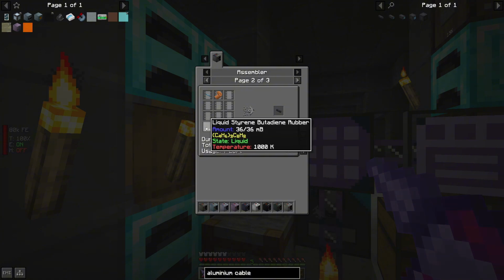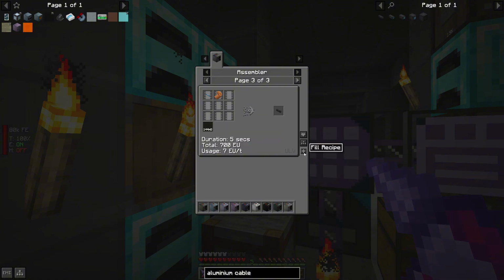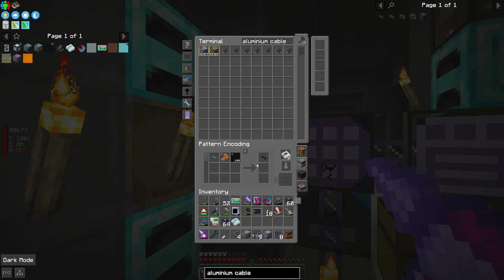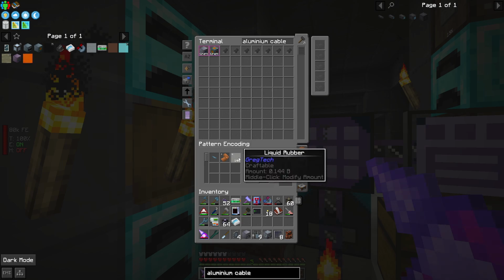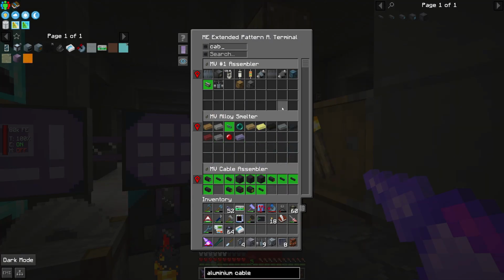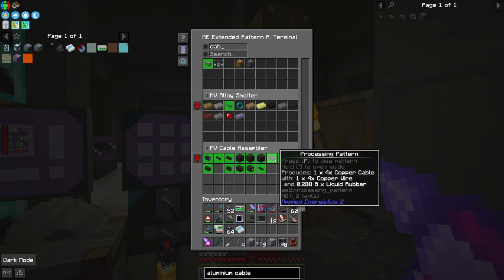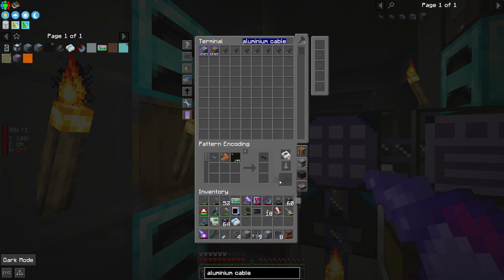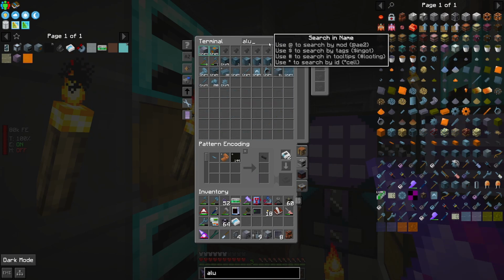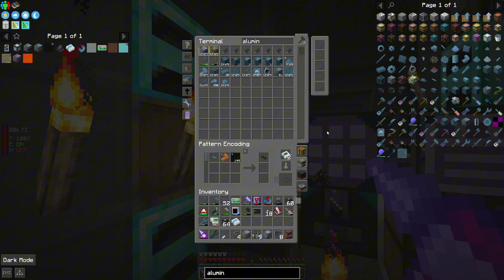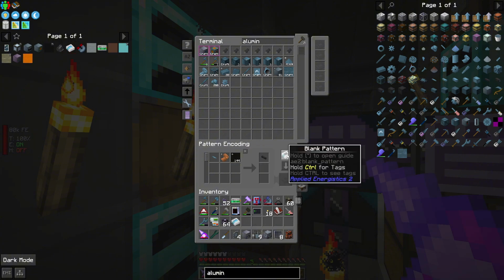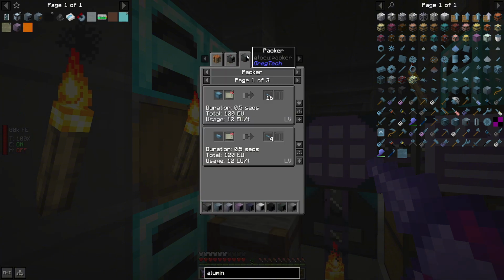We need rubber. There we go. My question is, do I, hold on. Okay, I do. Do I have aluminium wire as a pattern? Nope. So let's go ahead and get that.